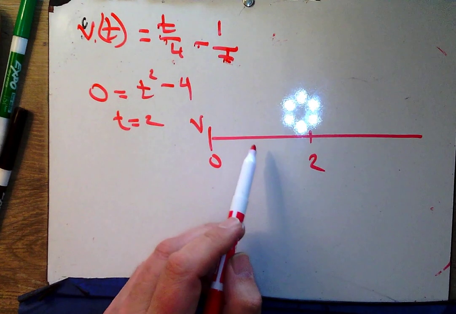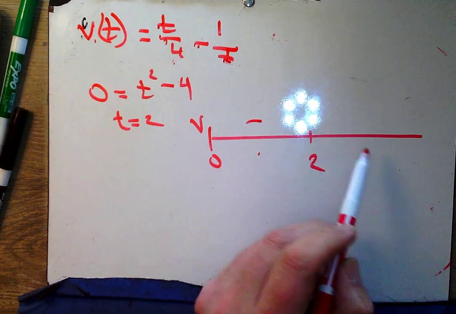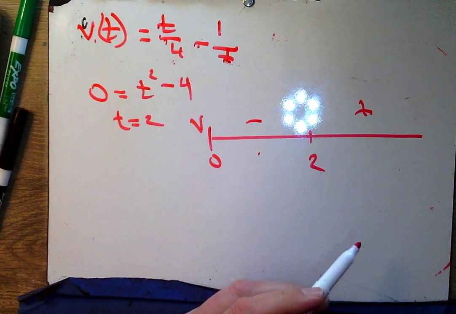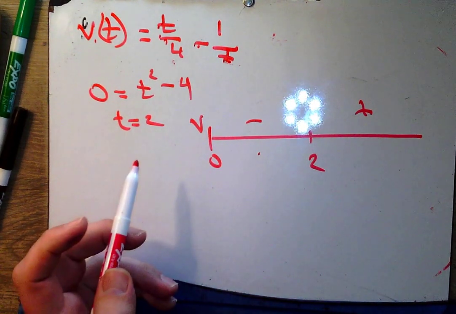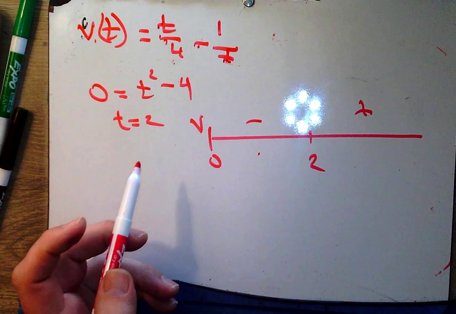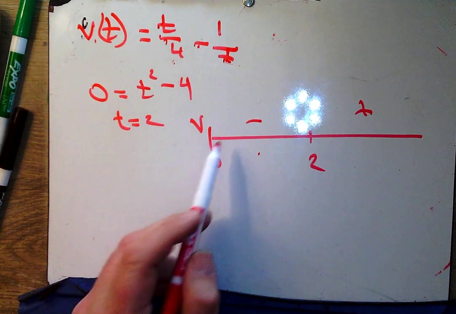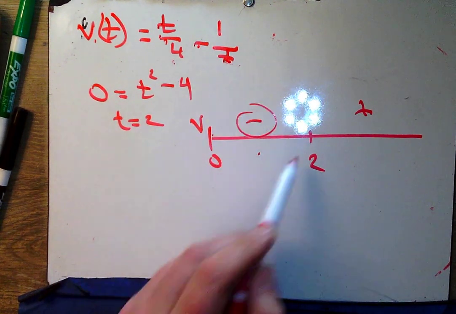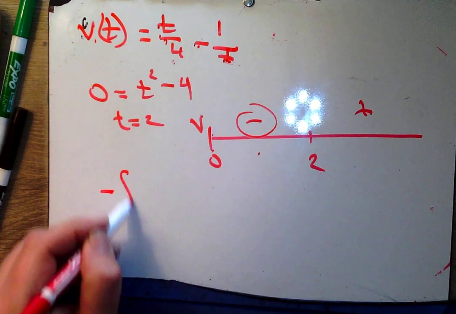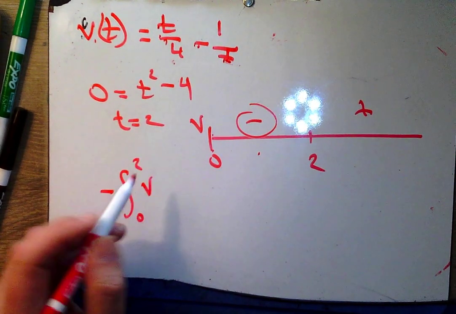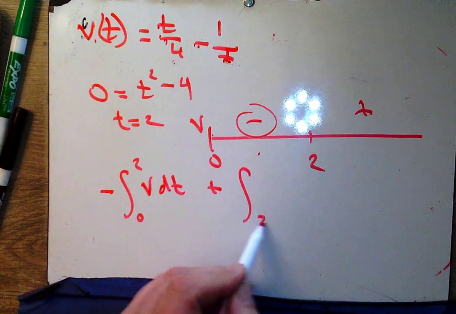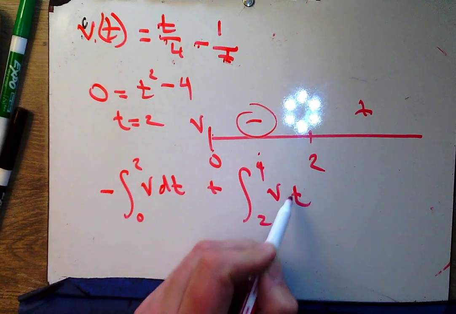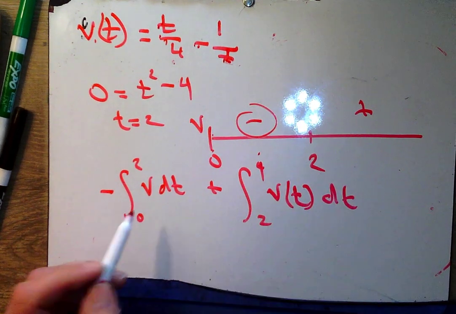And when we plugged in a 1, we had a minus, and then we had a plus when we plugged in a 4. So what does that tell me? Well, it tells me that v is negative from 0 to 2. So I want minus the integral from 0 to 2 of v of t dt plus the integral from 2 to 4 of v of t dt.